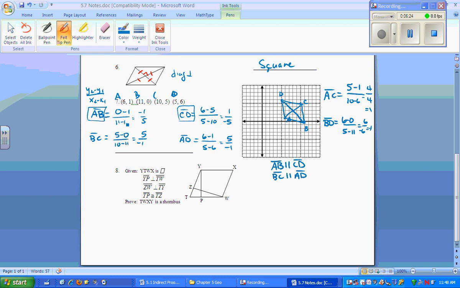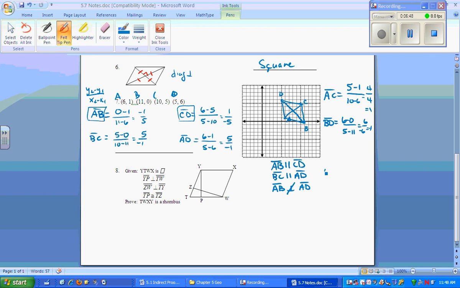We also learned that AB is not perpendicular to AD because they're not opposite reciprocals. So there's no right angles in the corners, so that means we didn't make it a rectangle or a square.